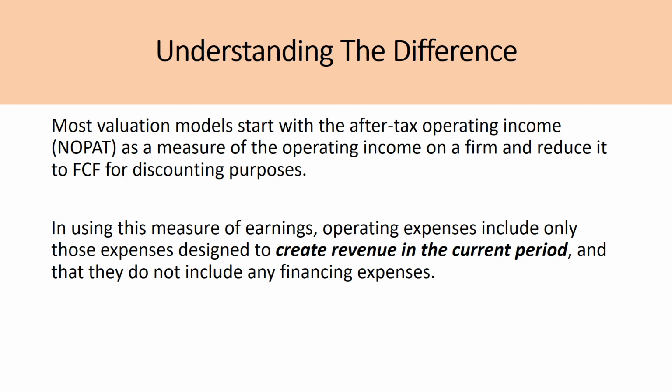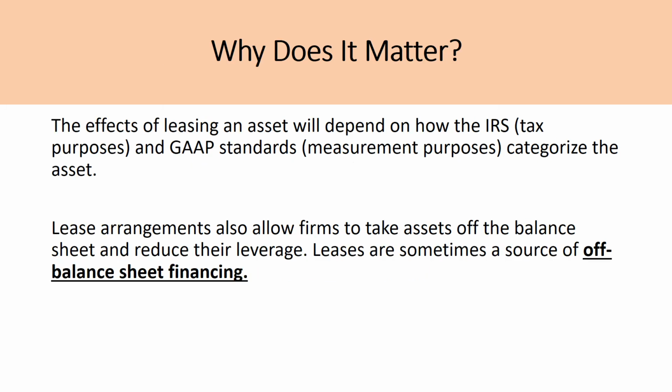You then take away changes in net working capital and CAPEX and add back depreciation for your unlevered free cash flow. Okay? The thing with that is, when you're starting at the EBIT measure, if you have not capitalized any operating leases, your EBIT is going to usually be lower than what it should actually be, and therefore your free cash flow will be undervalued. It will be underreported, right? And so that's why you want to account for that. That's the importance of the capitalization of an operating lease.